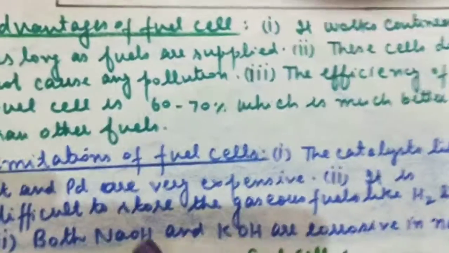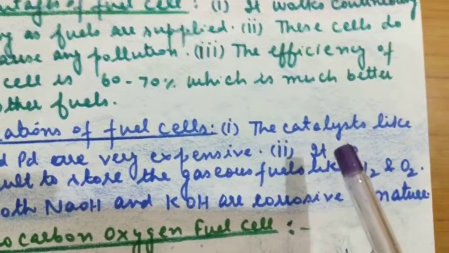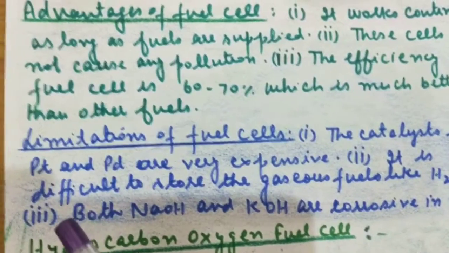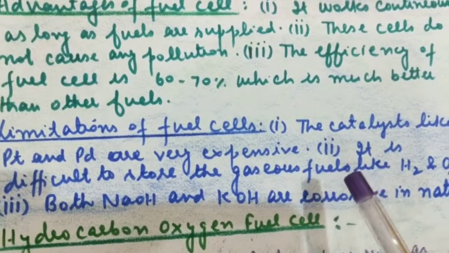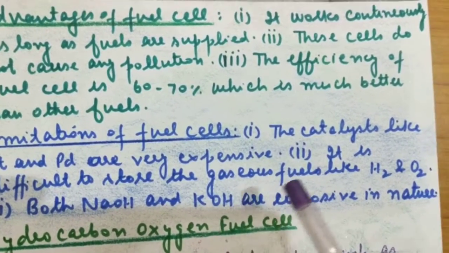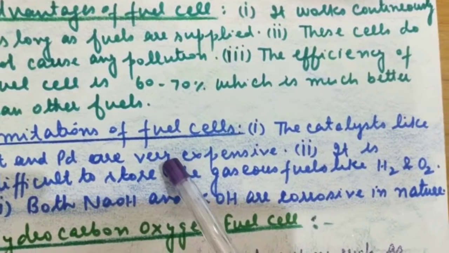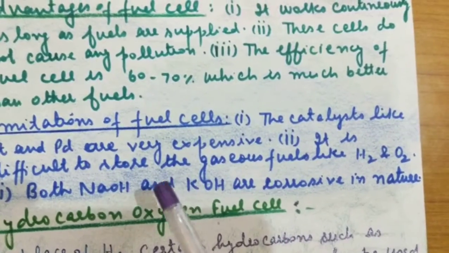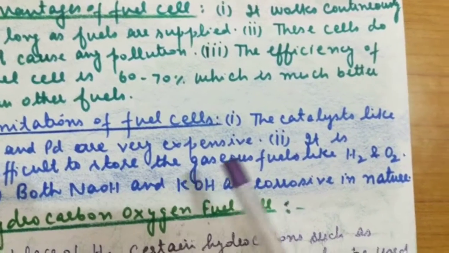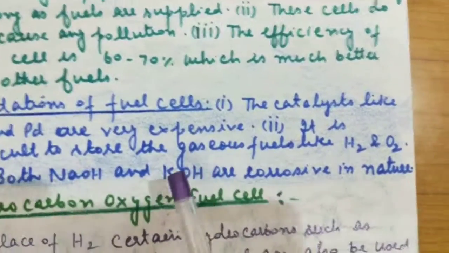Now, what are the disadvantages or limitations of a fuel cell? Catalysts like platinum and palladium are very expensive. Therefore, it is difficult to purchase such expensive catalysts, and it is difficult to store gases like hydrogen and oxygen in the gaseous state.